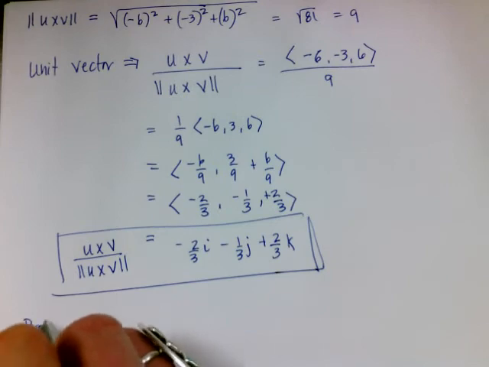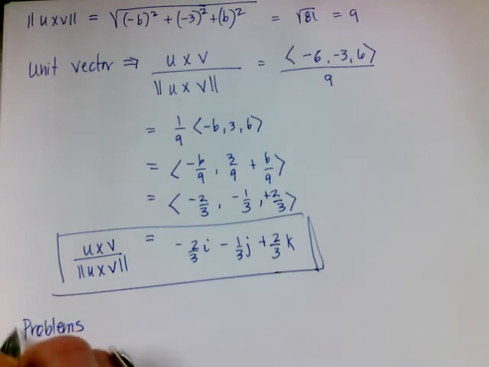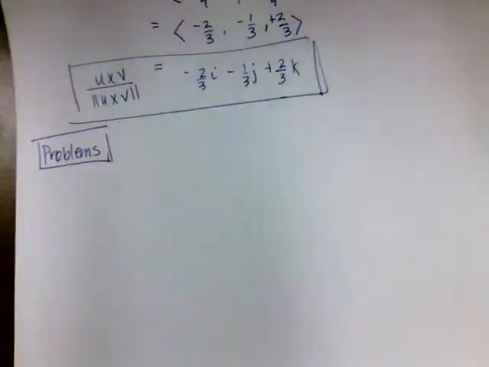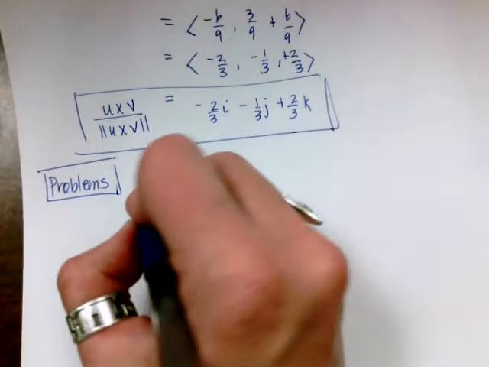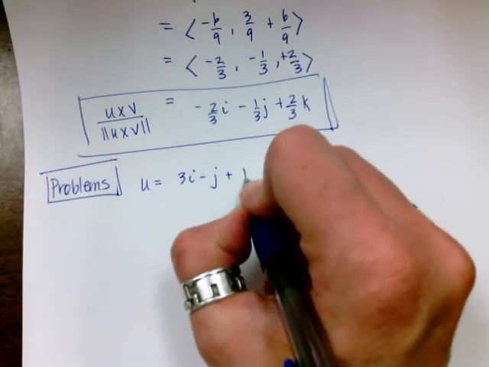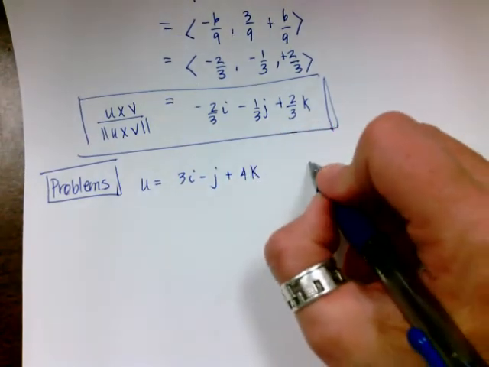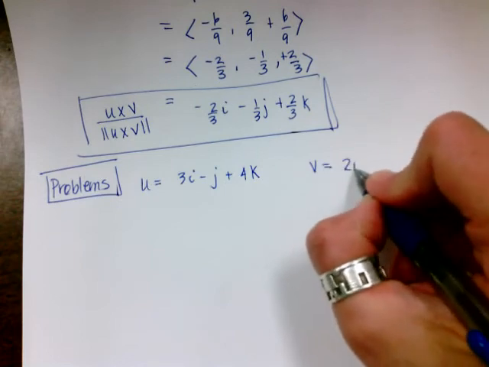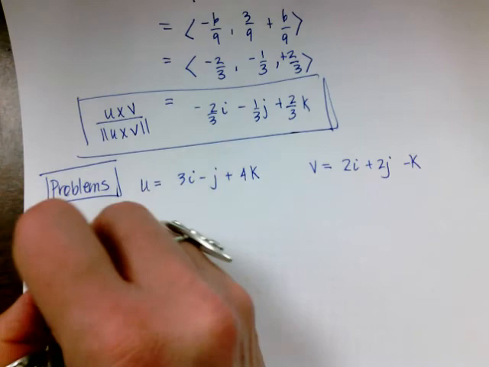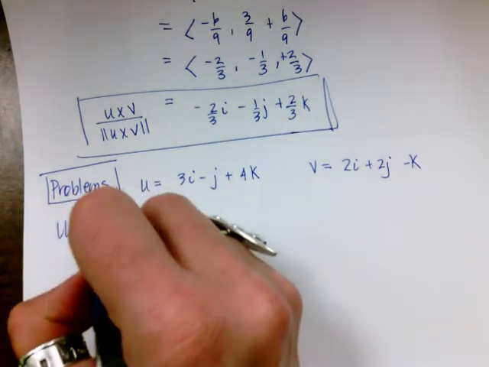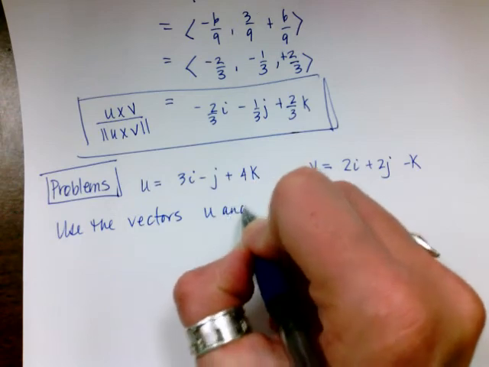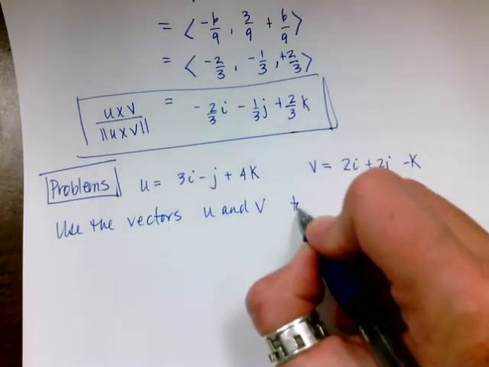Alright, so let me give you your problems. Last set of problems for the year. Woohoo! Alrighty. I'm going to give you that u is equal to 3i minus j plus 4k, and I'm going to give you that v is 2i plus 2j minus k. And I want you to use the vectors u and v to find the following.